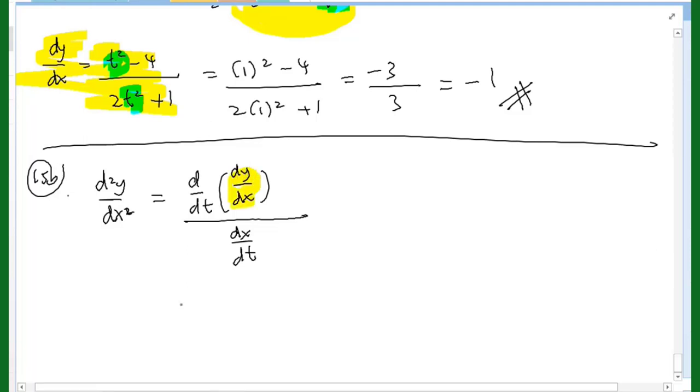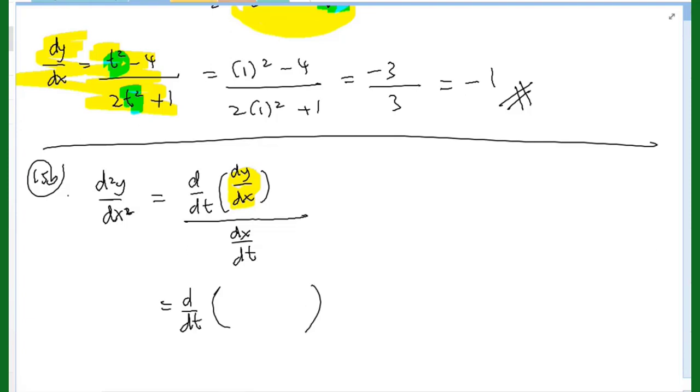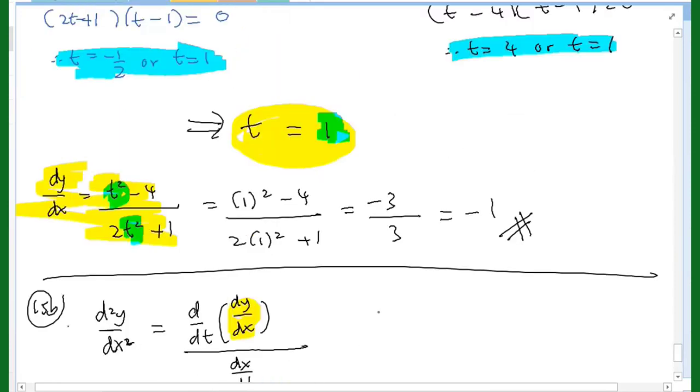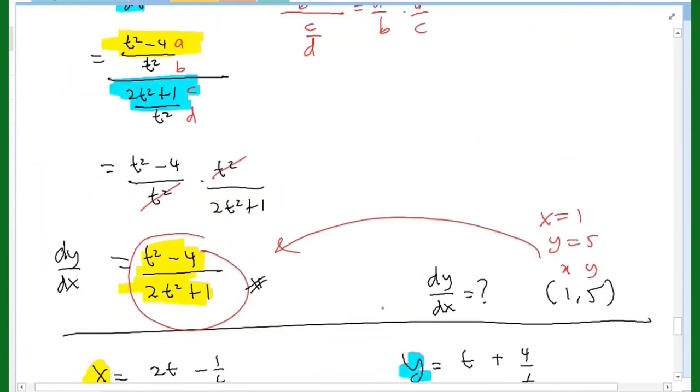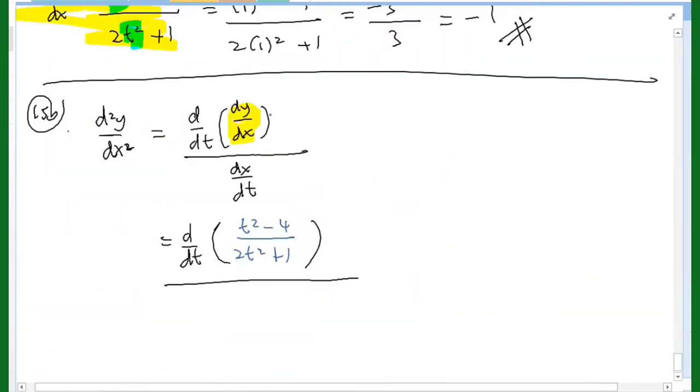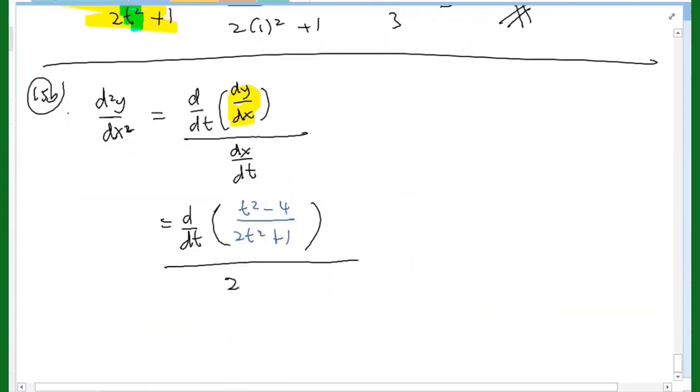So d/dt of dy/dx, (t squared minus 4) over (2t squared plus 1), over dx/dt. Where is dx/dt? Find dx/dt. dx/dt is 2t squared plus 1 over t.